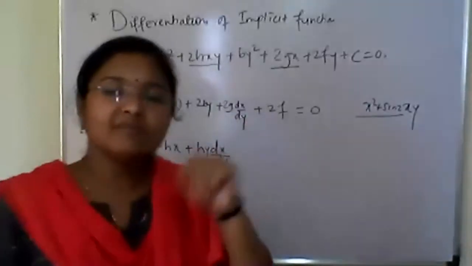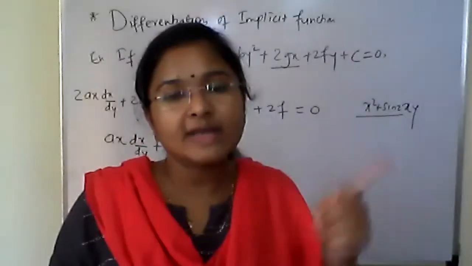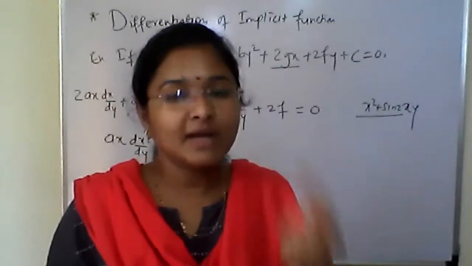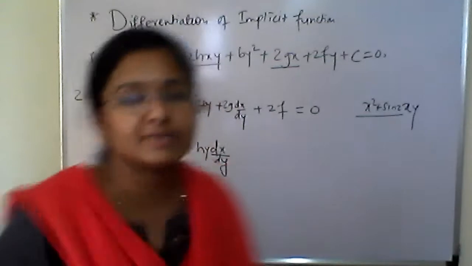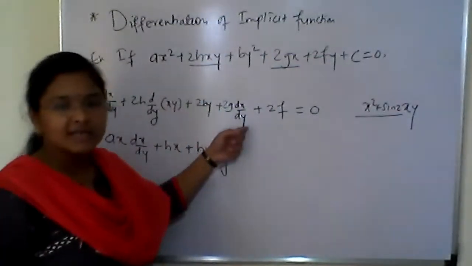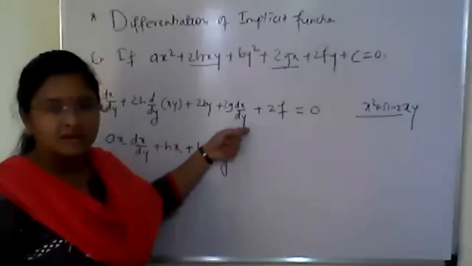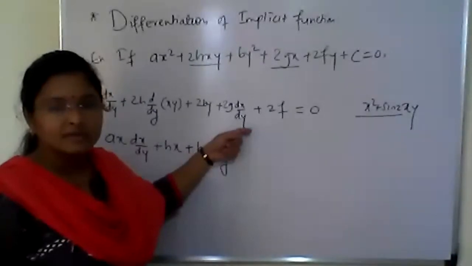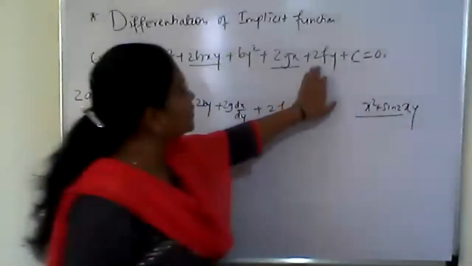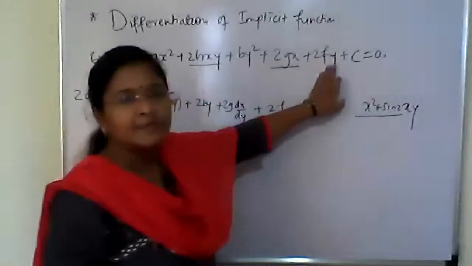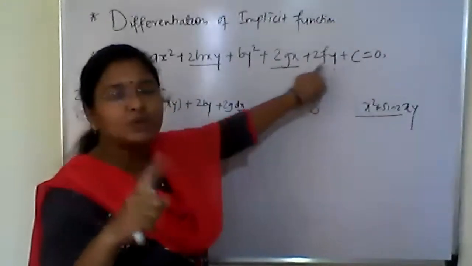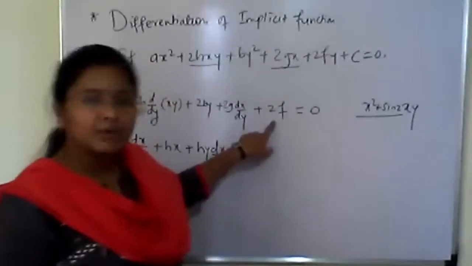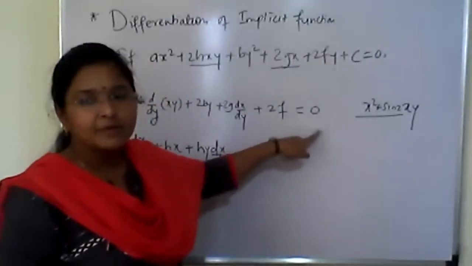Now when we were differentiating with respect to x, the derivative was 1. But now with respect to y we are differentiating, the derivative will be dx by dy. And now here twice of f into y, so its differentiation will be 1 into 2f, equal to 0.